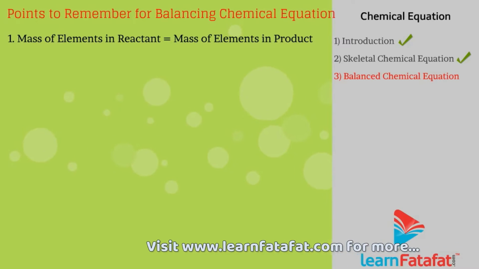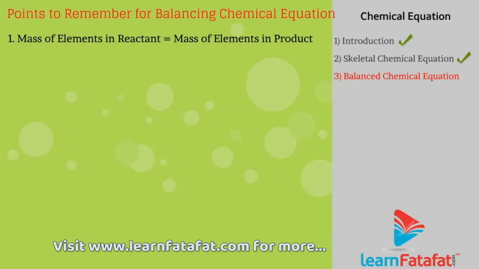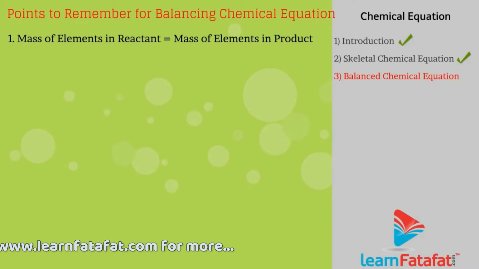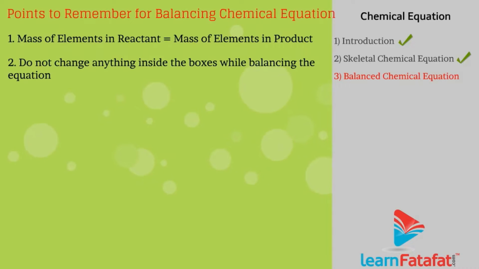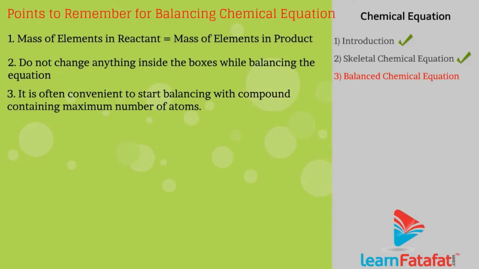Points to remember before balancing a chemical equation. First, the mass of elements on the reactant side is equal to the mass of elements on the product side. Second, do not change anything inside the boxes while balancing the equation. Third, it is often convenient to start balancing with the compound containing the maximum number of atoms.